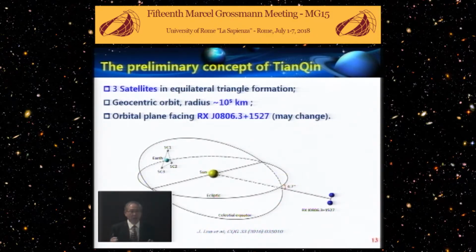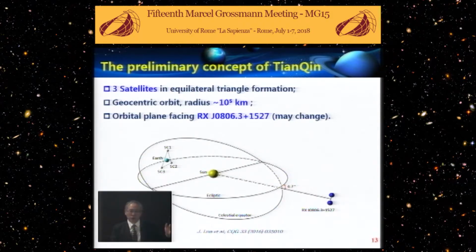That was our first motivation. So we designed this configuration facing these gravitational wave sources. This is very important because this constellation is comparatively easy to realize compared with LISA. So that is our first motivation.